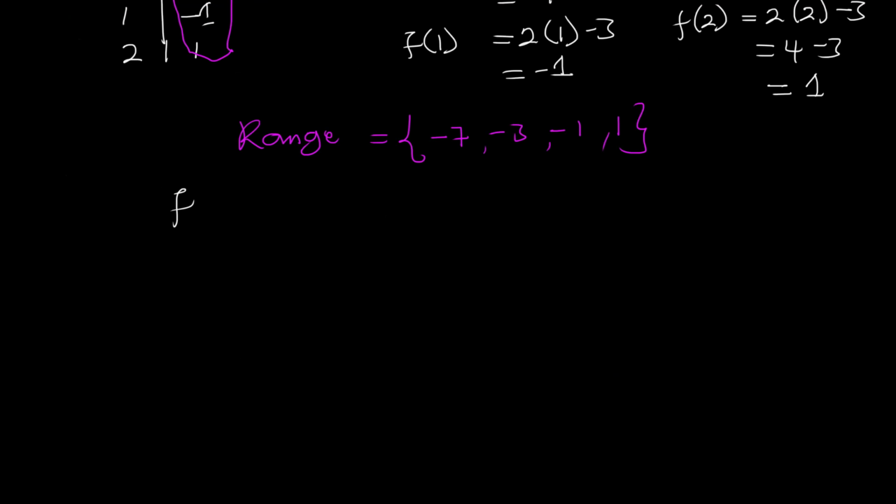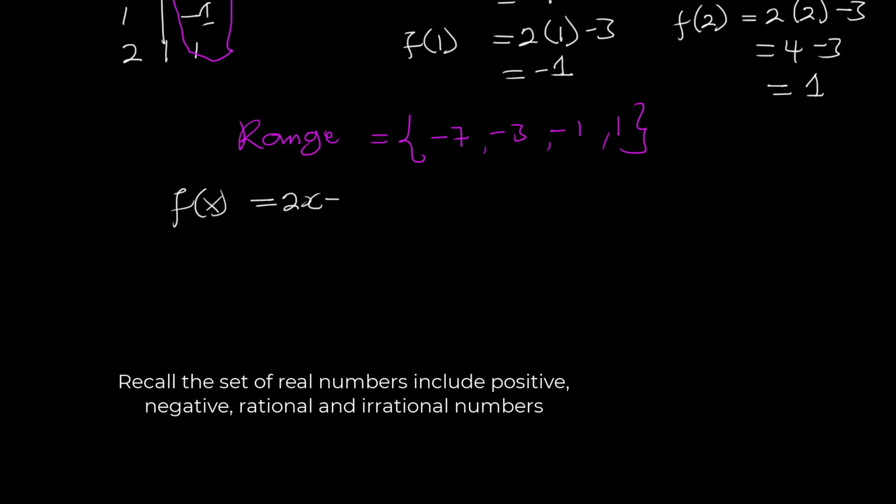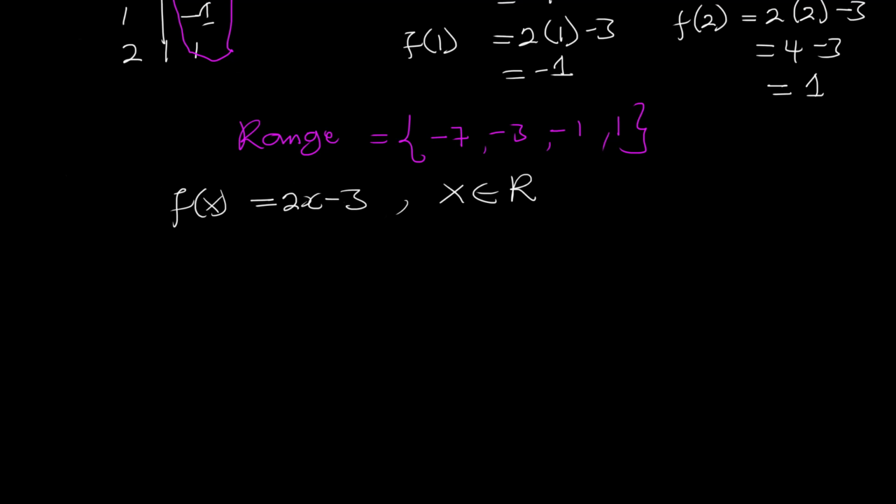If the function f of x is equal to 2x minus 3 is defined on the whole set of real numbers, then we can as well find the range by plugging in some values. Let's take the normal -2, -1, 0, 1, and 2 and plug into the function to find its corresponding image.